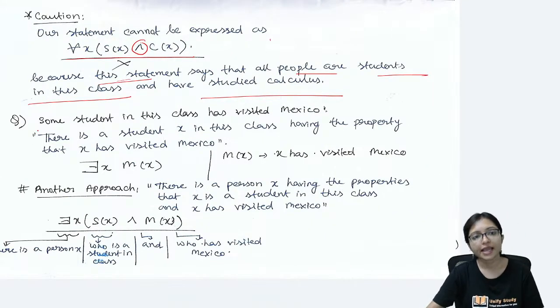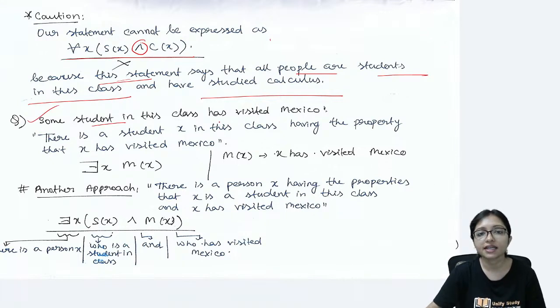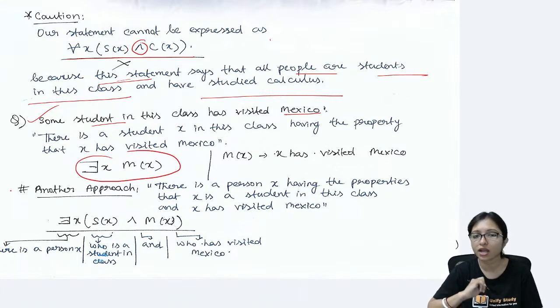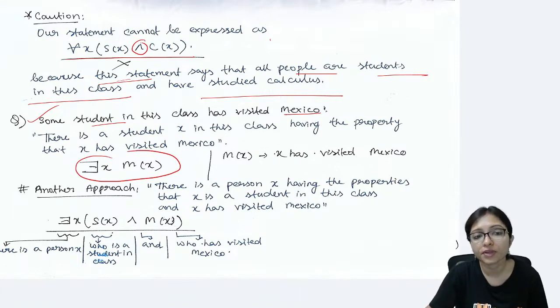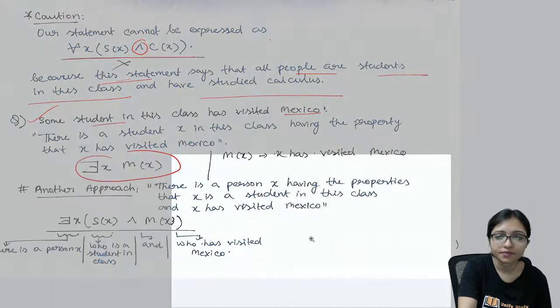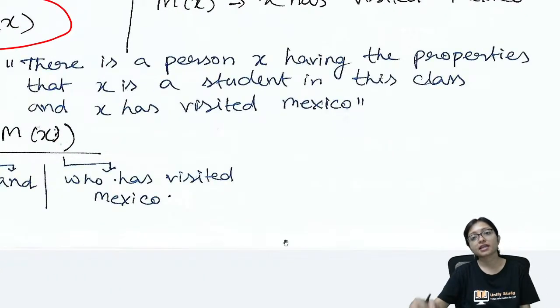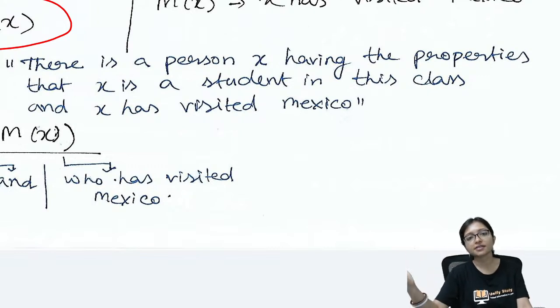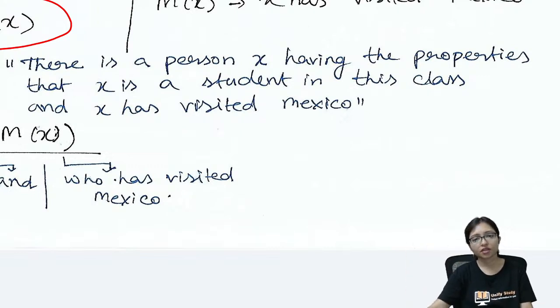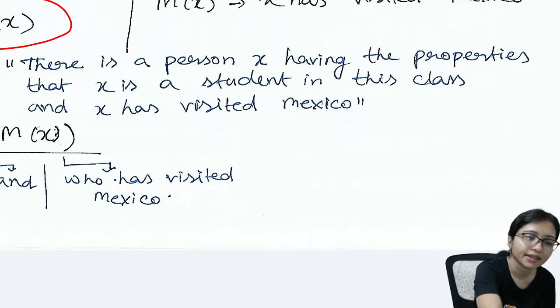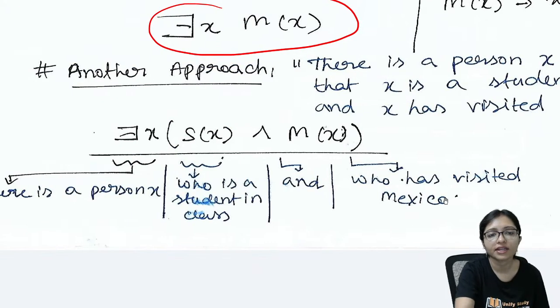Okay. Same way, some student in the class has visited Mexico. So how can I write? There exists x M(x). This is one way. Another way of representation, I can write like that. There is a person x having the properties that x is a student in the class and has visited Mexico. Here I can utilize and.